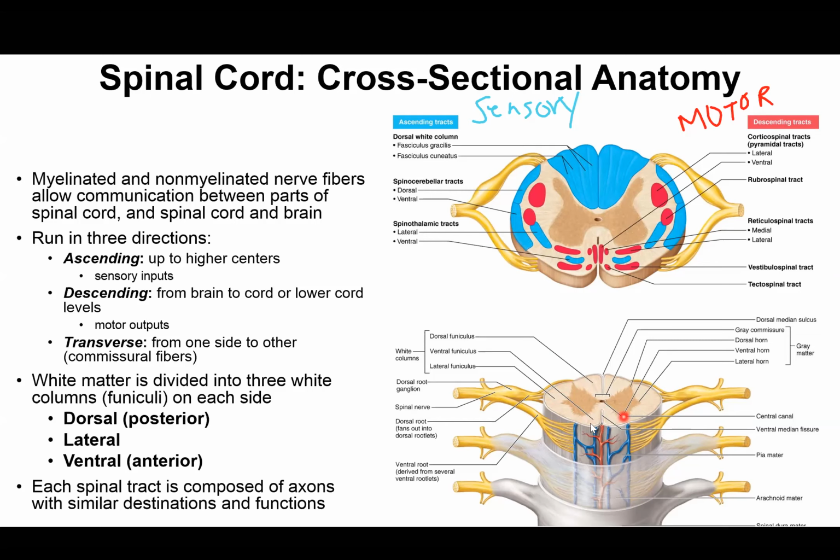So we have 3 major columns. Each ascending tract and each descending tract is going to be composed of axons that have similar destinations and similar functions. We're going to talk about each of these different tracts.